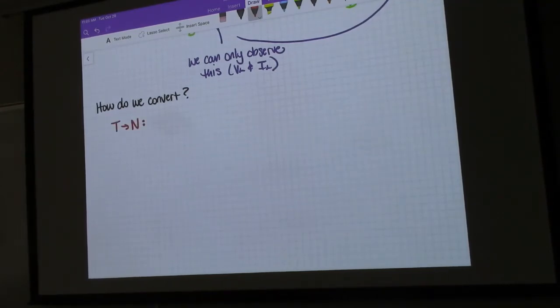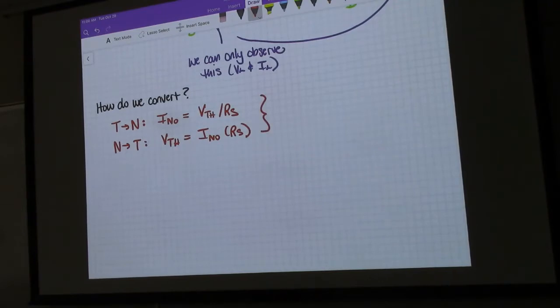Then you would have I Norton is equal to V Thevenin divided by RS. Let's say you're trying to go Norton to Thevenin. You would have V Thevenin is equal to I Norton times RS. And in both of the cases, RS stays the same.